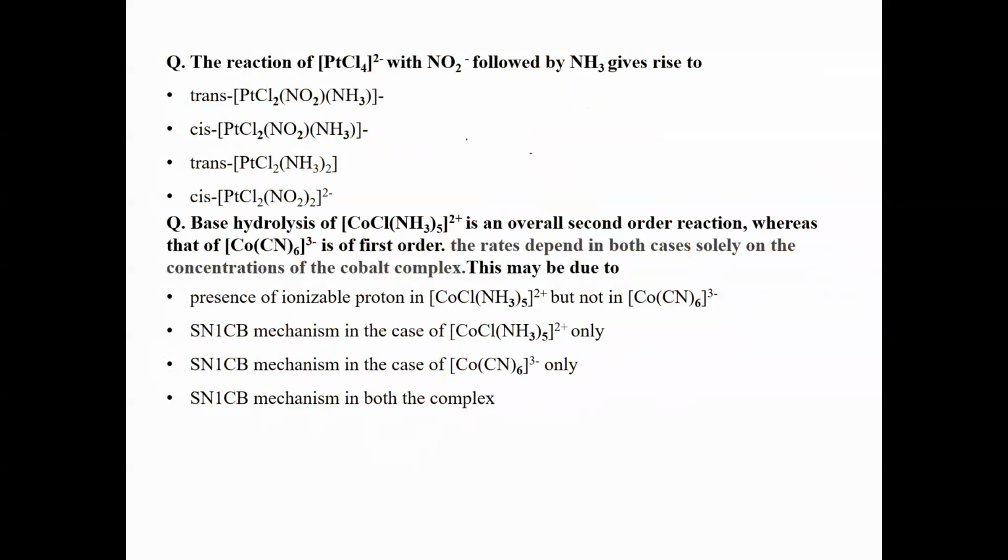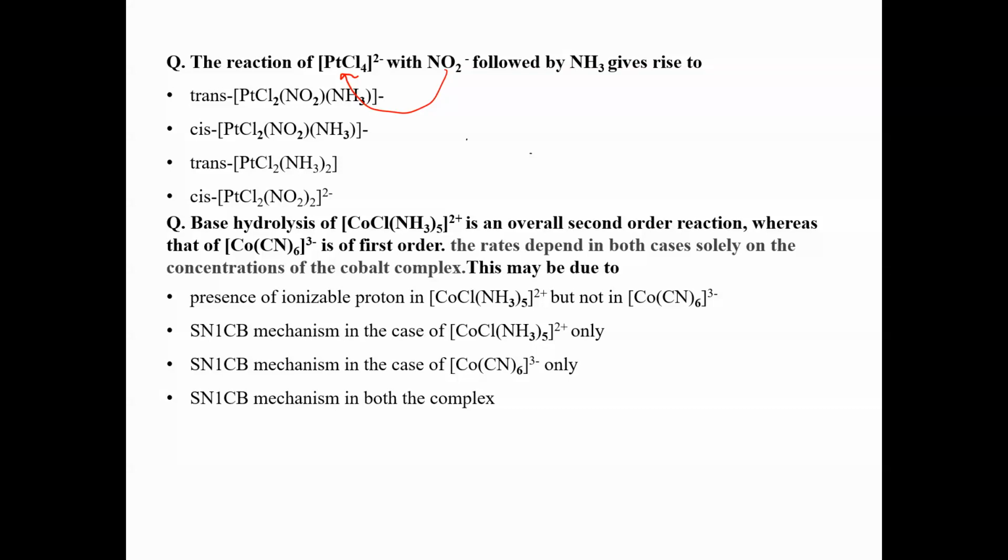Accordingly you will get the structure, whether it will be trans or cis. Simply add this ligand first, then check which ligand shows the more trans effect, and the ligand trans to that ligand has to depart, and the new incoming ligand attaches at that position. So just write the reaction and tell me what product you are getting.